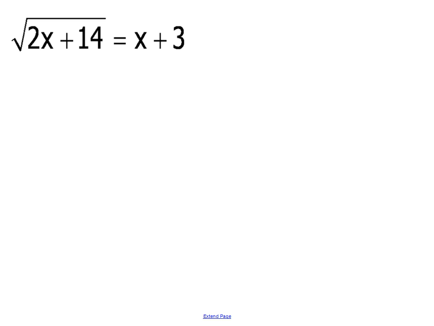So here's one that I want you to try on your own. So play it when you get an answer, but pause it for now. Alright, so you would take both sides and square it because the index was 2. On the left, that would give you 2x plus 14. On the right, remember, we do not distribute the exponents, so that would be x squared plus 6x plus 9.